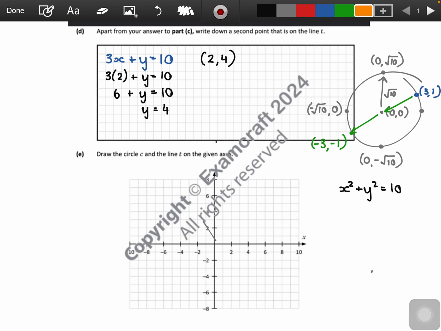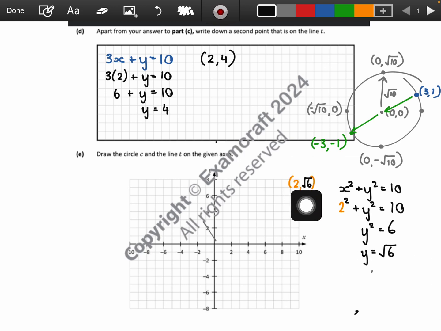So we're saying 2 comma something. So it would be 2 squared plus y squared is equal to 10. So y squared would be 10 minus 4, which is 6. So y would be the square root of 6. So just the same way, if they had asked about a circle, you're literally just seeing what y coordinates match with different x coordinates that you're looking at.